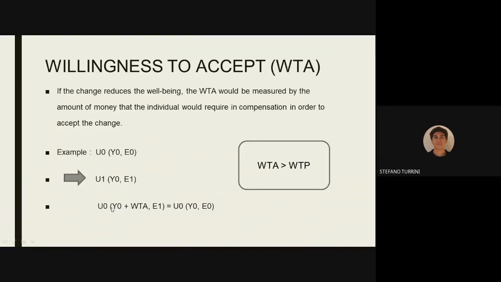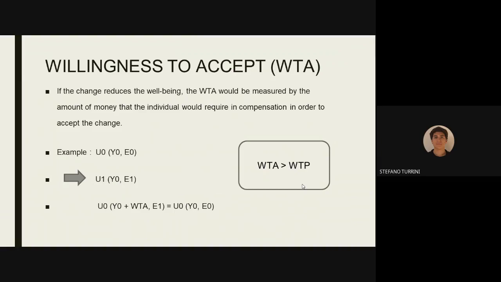In conclusion, we can say that the willingness to accept usually is higher than the willingness to pay, because the willingness to pay has a limit that is given by the income of the individual, and the willingness to accept hypothetically doesn't have this limit, and it's like infinity.